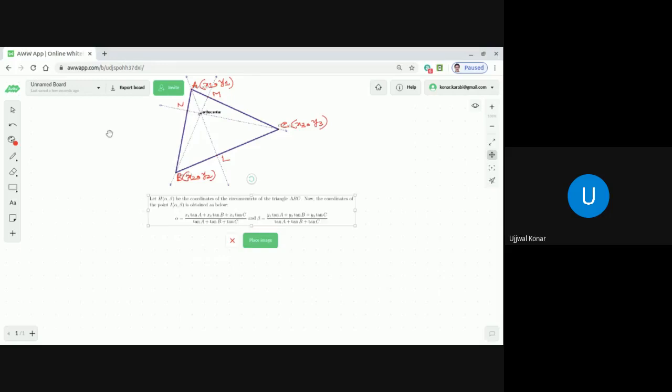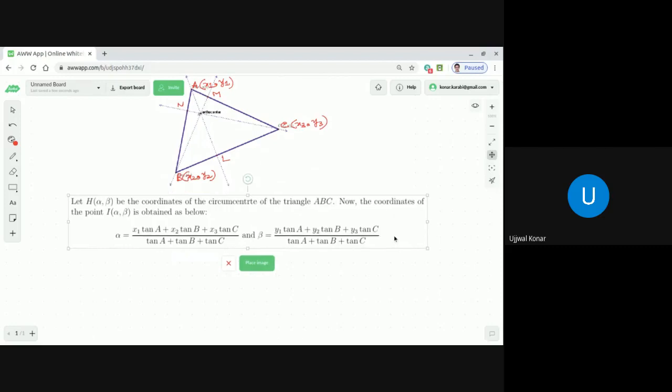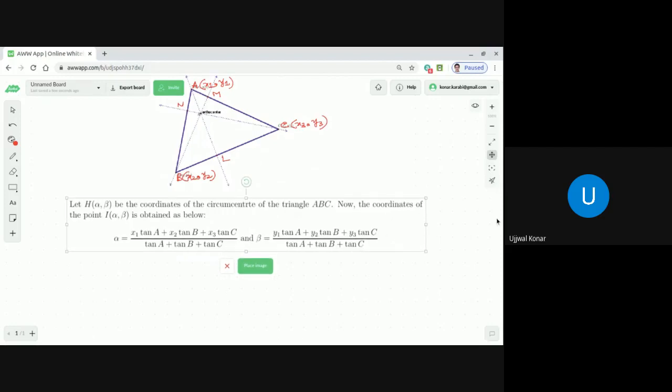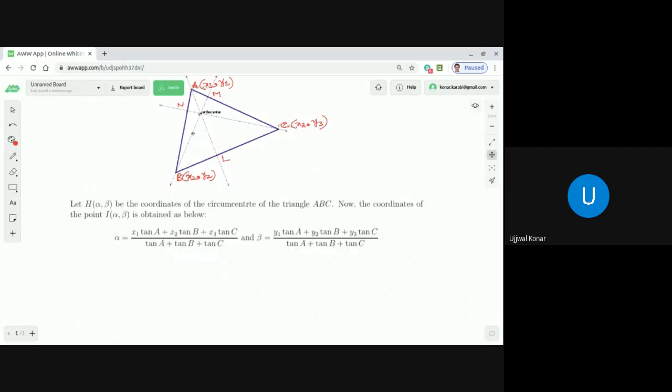If the orthocenter H has the coordinates alpha, beta, then alpha is x1 tan A plus x2 tan B plus x3 tan C divided by tan A plus tan B plus tan C. In a similar manner, beta is found by replacing x1 by y1, x2 by y2, and x3 by y3.